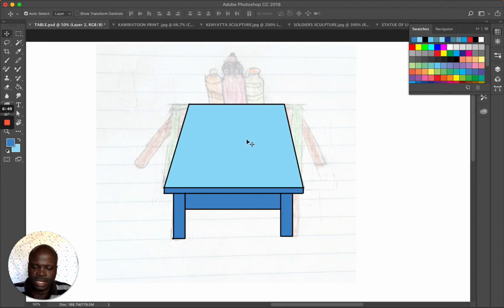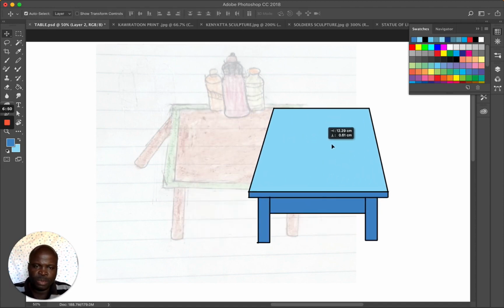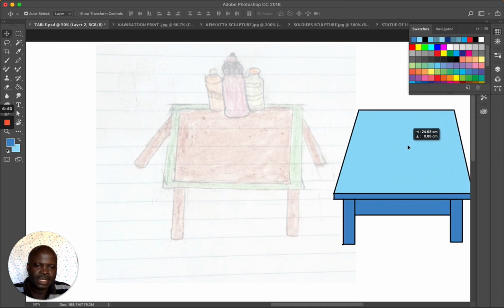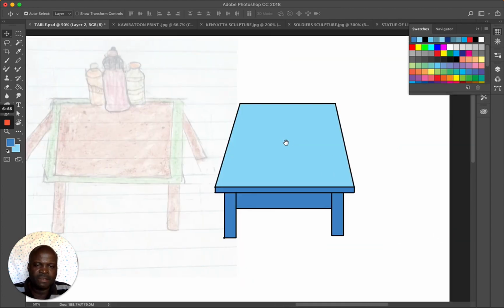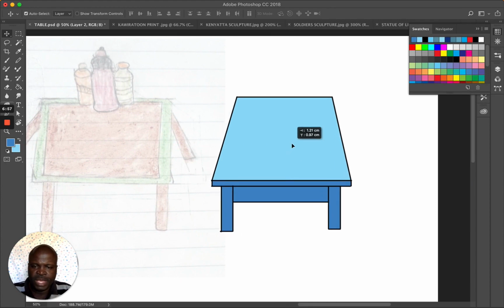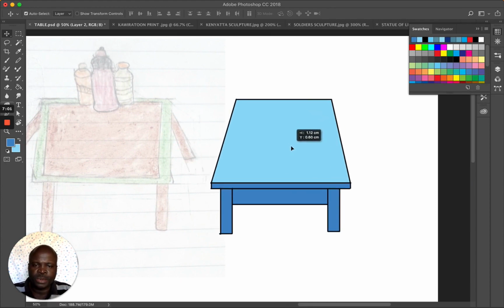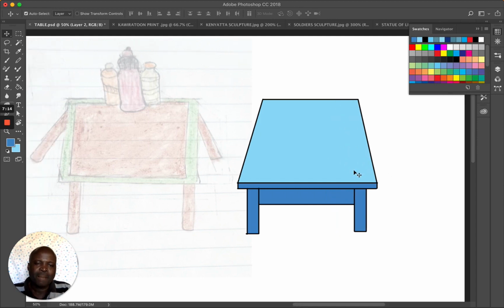We have actually drawn a table which has a feeling or an effect of depth. We have simply used the same idea we saw on the road, where the two edges of the top of the table appear to be moving closer and closer as you move away. And that is how you draw a table in perspective.